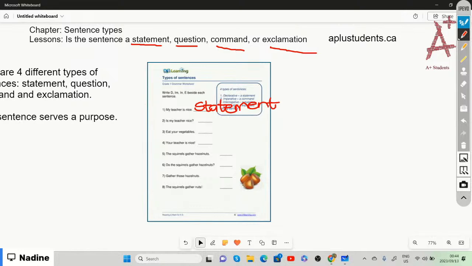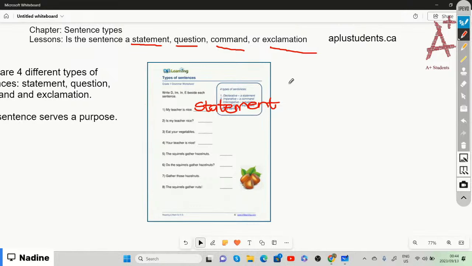Is my teacher nice? And it ends with a question mark. So, is my teacher nice? It ends with a question mark. We need to say what type of sentence this is. Is it a statement? Is it a question? Is it a command? Or is it an exclamation?